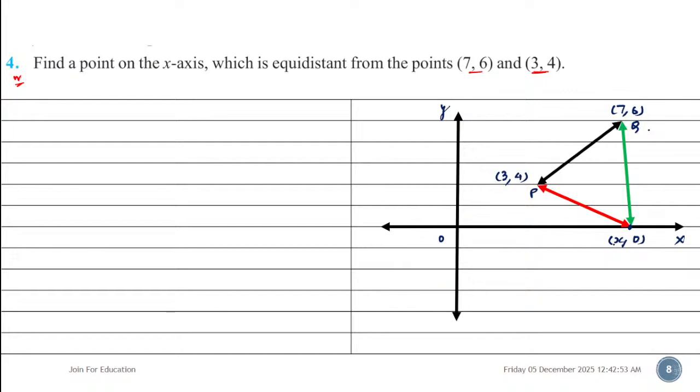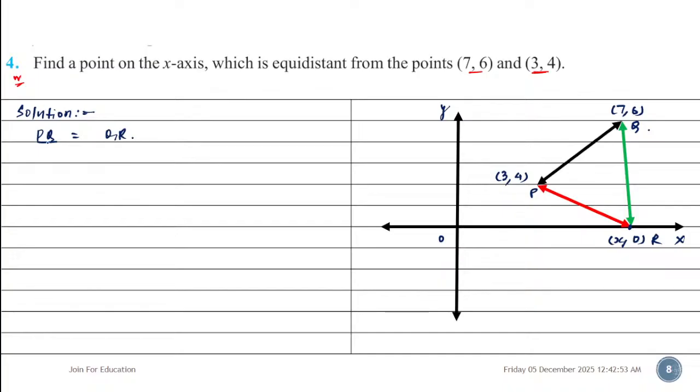Suppose the name of this point is R. So PR equals QR. There should be no problem understanding the details of the figure. So we write down here PQ equal to QR.